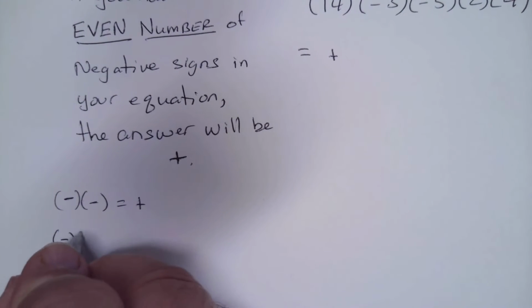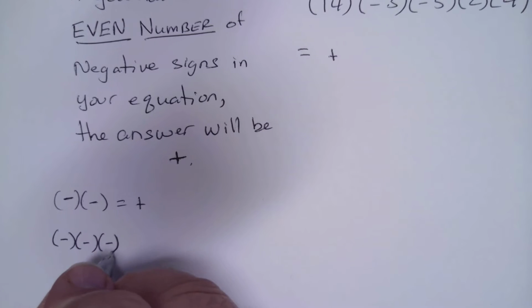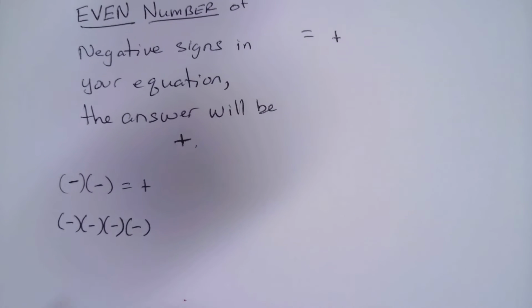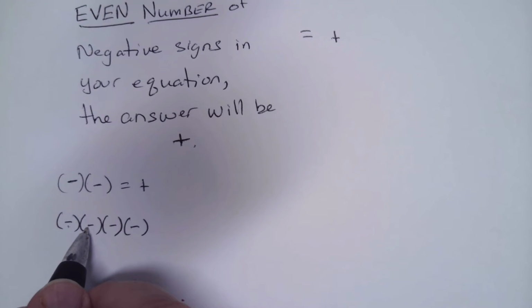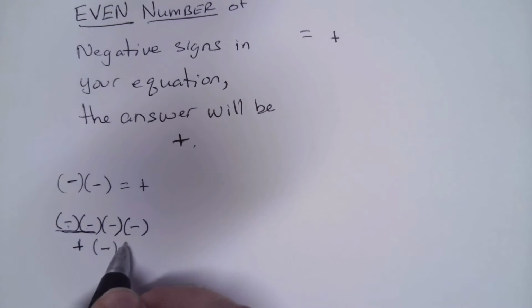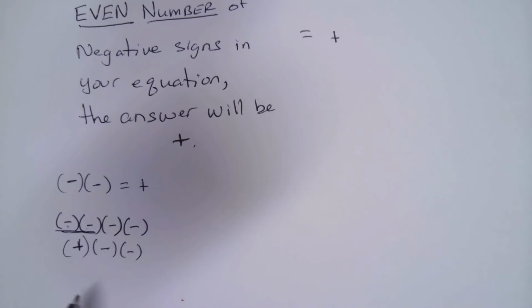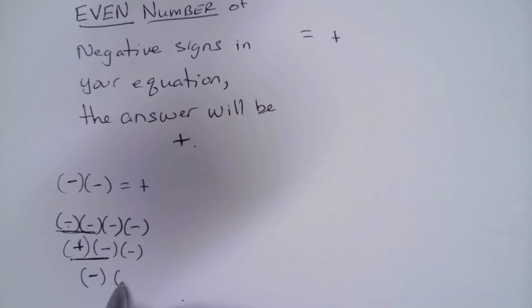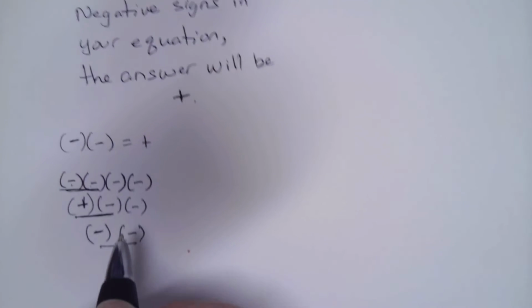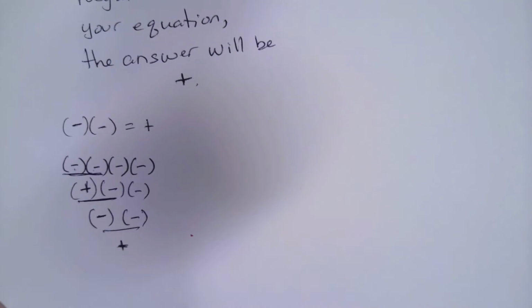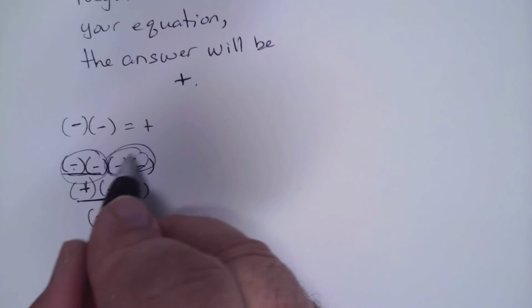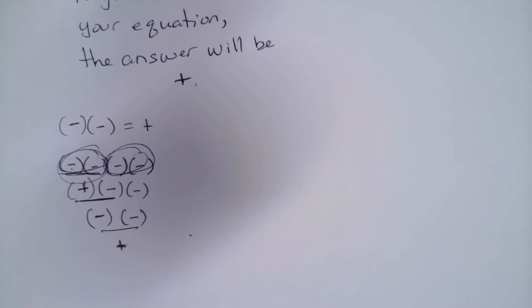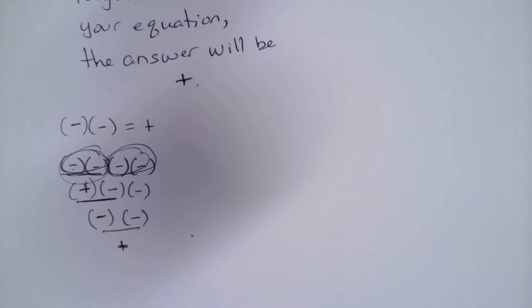So if I had a negative times a negative times a negative times a negative, is that going to be positive or negative? Because negative times negative is a positive. Positive times negative is a negative. And negative times negative is a positive. So basically, every pair of them cancels out. That's how come if they're even, they cancel out.